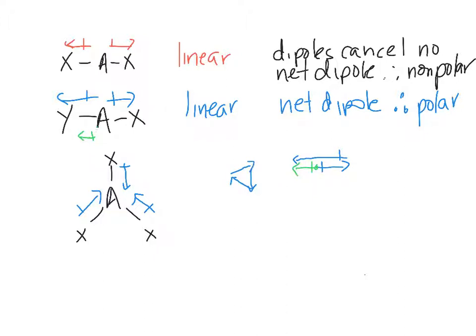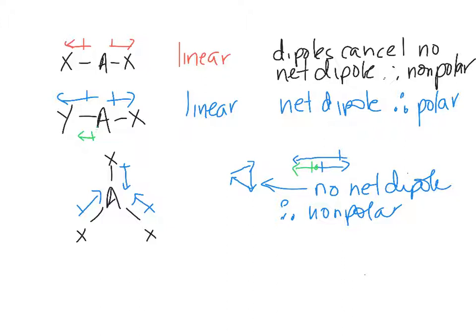So you are back where you started, so there's no net dipole. It's a resultant vector. So no net dipole, therefore nonpolar. The dipoles cancel.